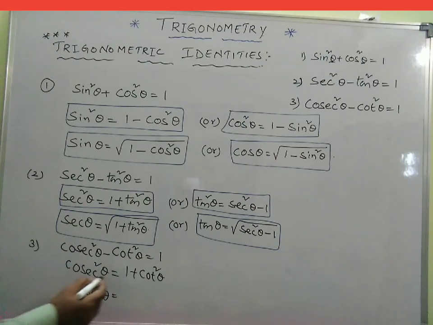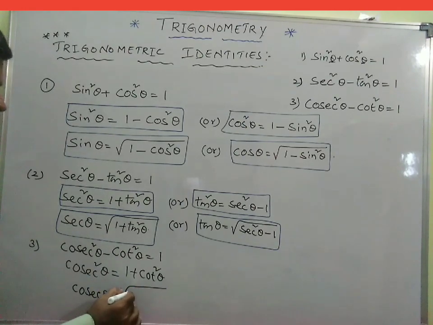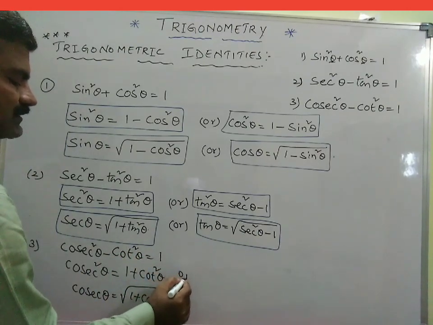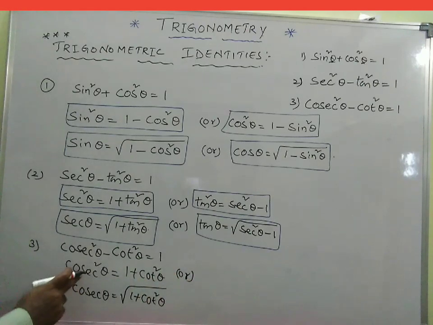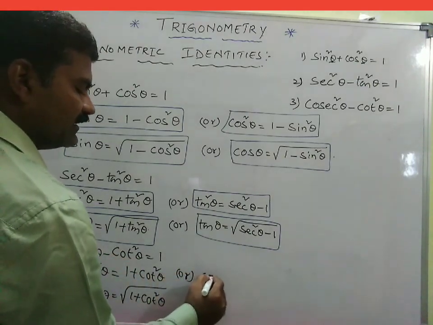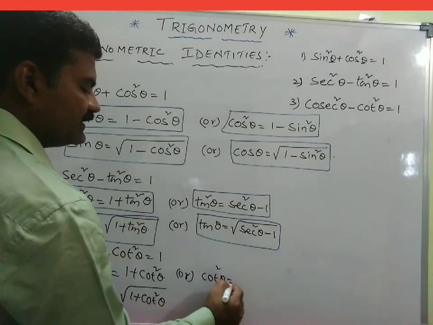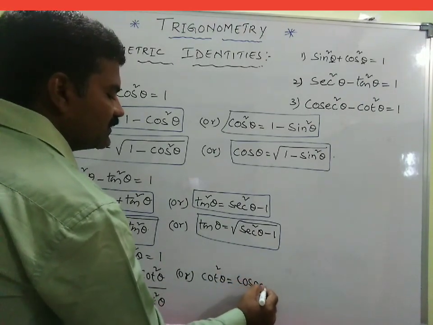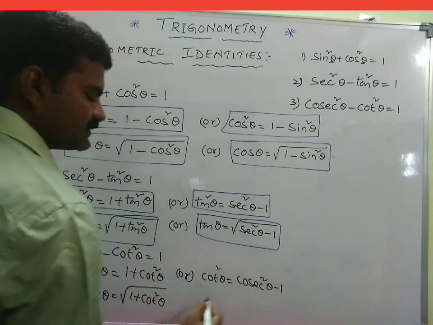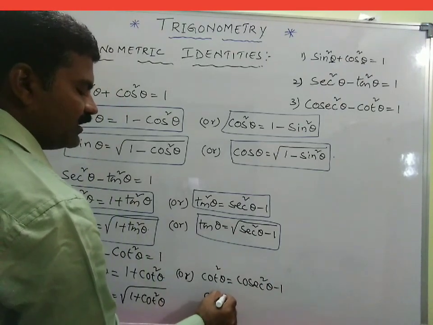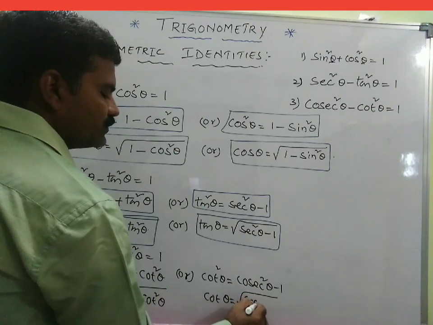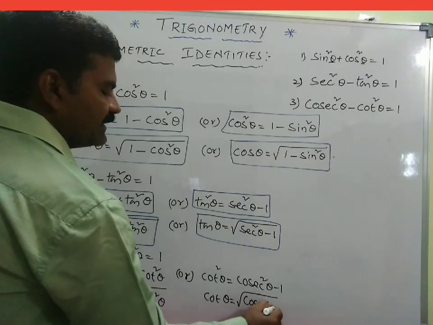Yes, root of 1 plus cot square theta. Otherwise, instead of cosecant square theta, I can write that cot square theta is equal to, can you guess? Cosecant square theta minus 1, and from this cot theta is equal to square root of cosecant square theta minus 1.